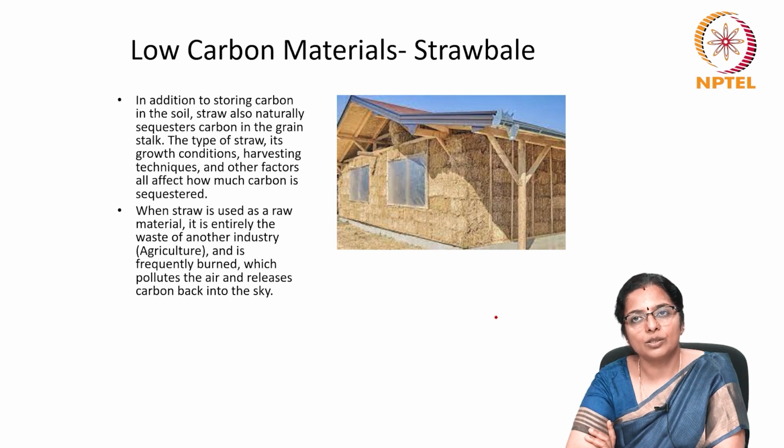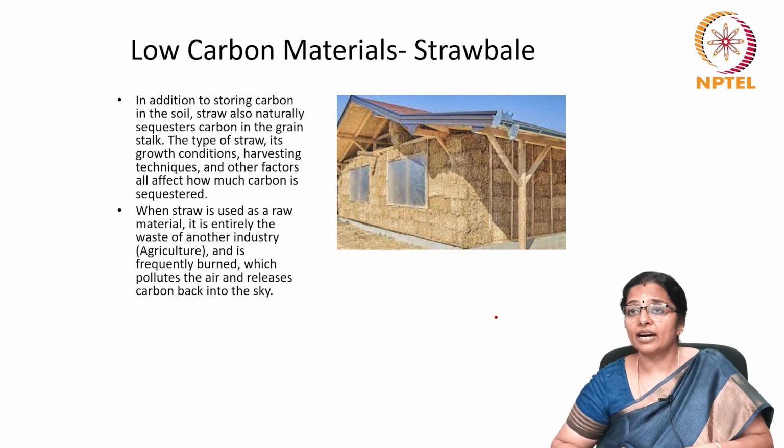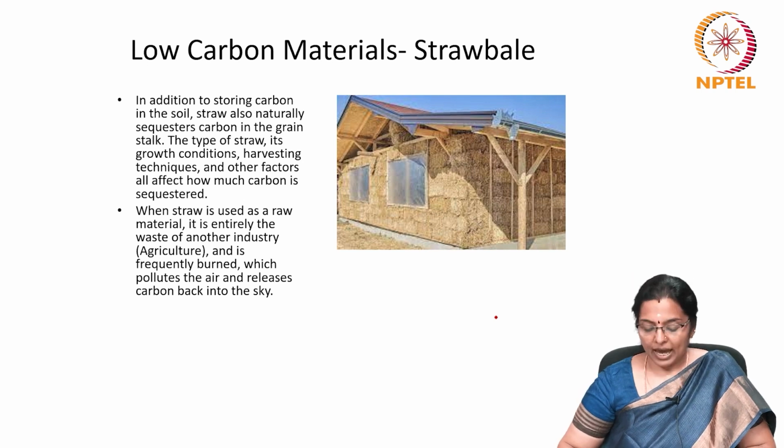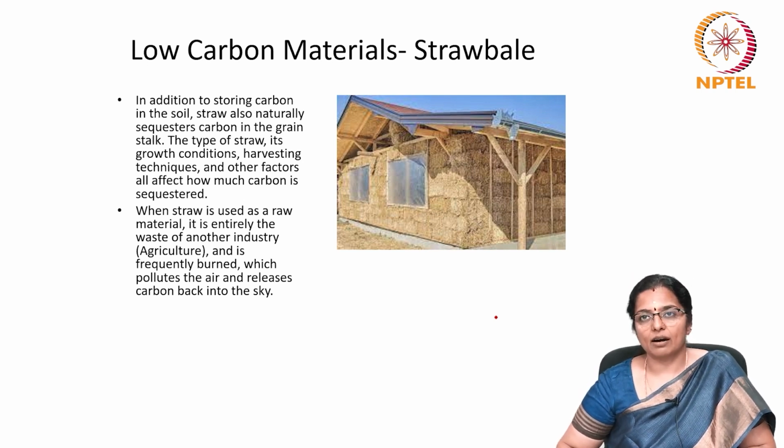When straw is used as a raw material, it is entirely the waste of another industry, the agriculture industry, and is frequently burned, which pollutes the air and releases carbon back into the sky. By using straw bale, we actually sequester that carbon.